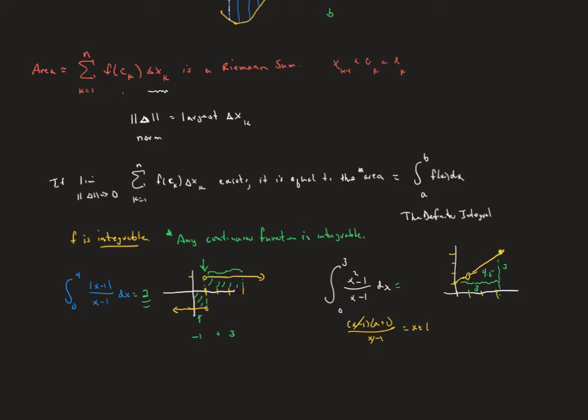So this integral from 0 to 3 is going to be 7.5. Even though the function is discontinuous at x equals 1, we can still integrate it. That function is not continuous but is integrable. So continuity is kind of the gold standard. It's a higher standard than even integrability.